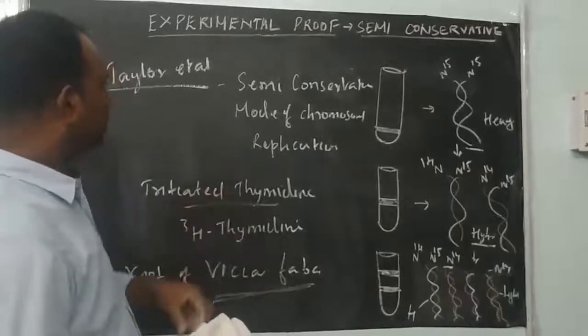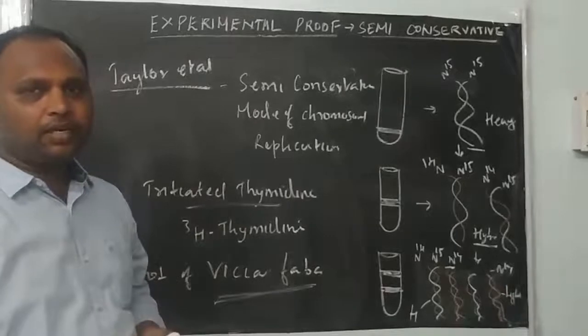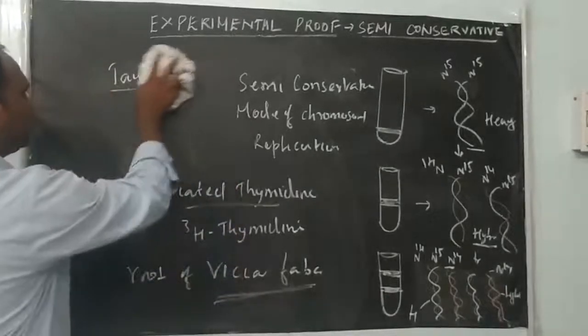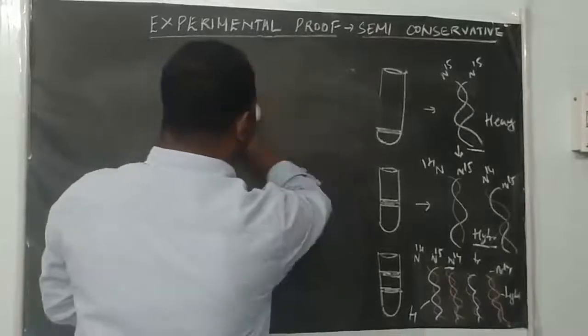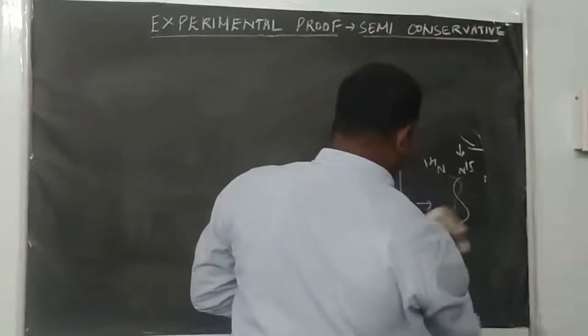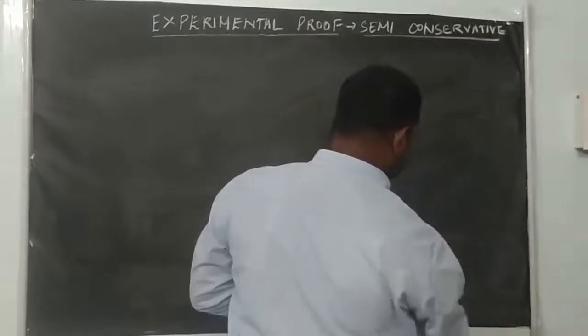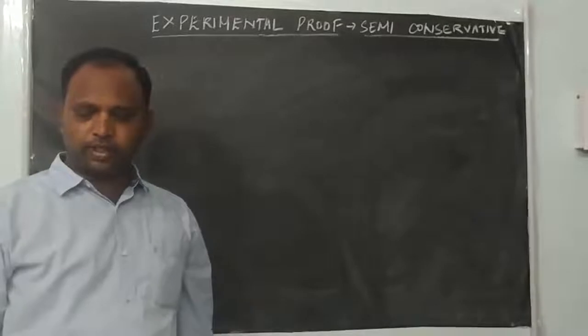So I hope that you understood the experimental flow, the experiment conducted by Meselson and Stahl. Now we will see one problem related to it. From this part they will ask a problem-based question. We will see one problem related to this Meselson-Stahl experiment. I will dictate the question.